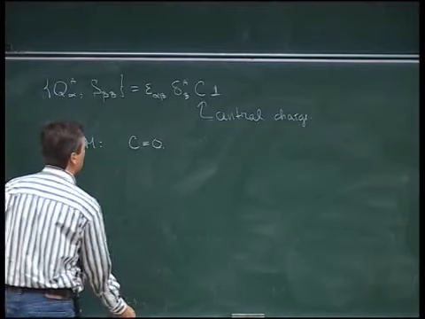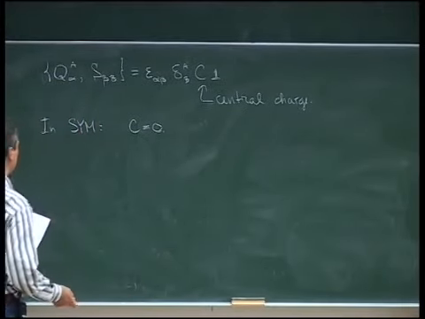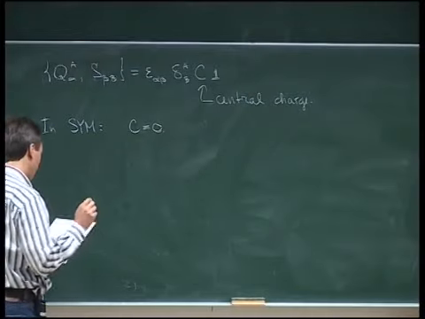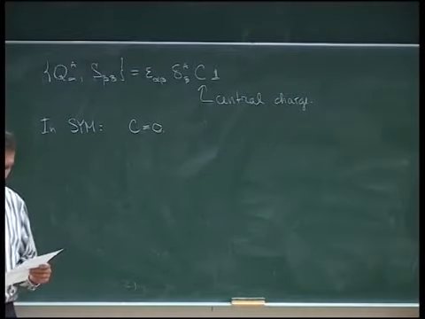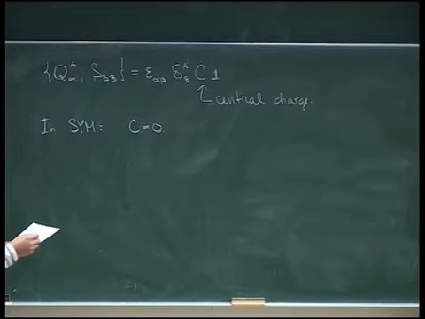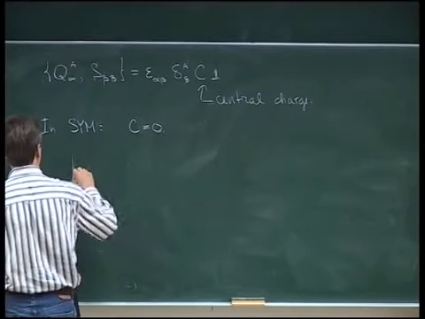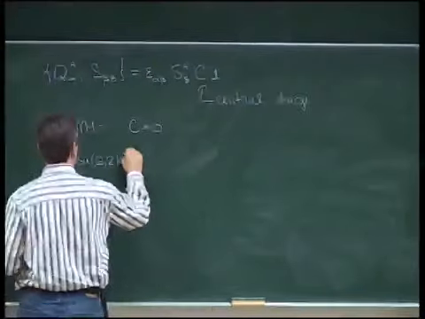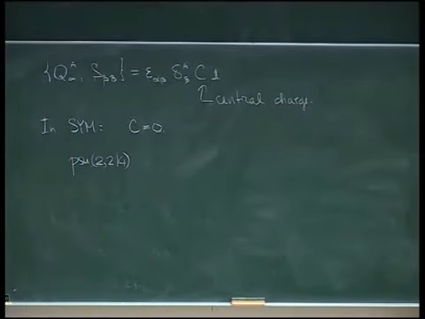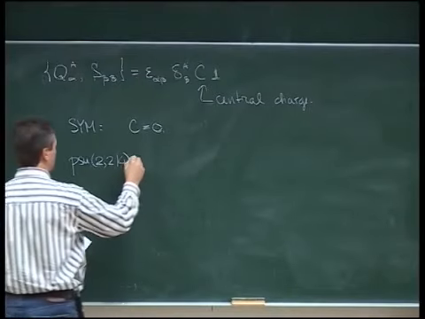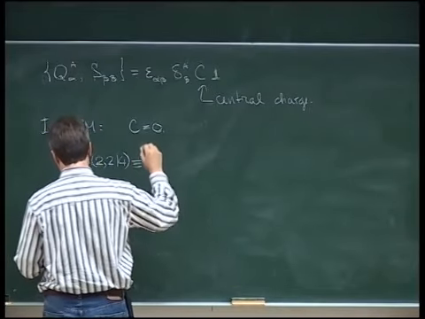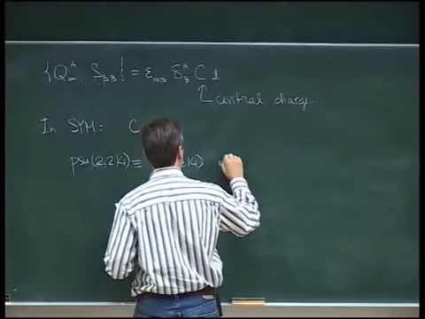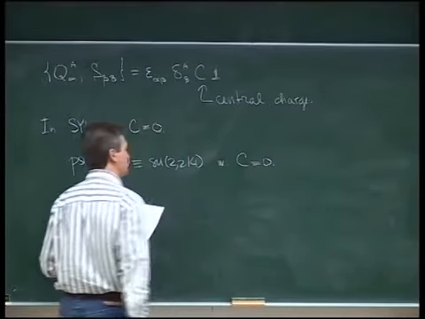So usually people use a special name for the algebra in which the central charge is 0. It is called the projective special unitary superalgebra, which is by definition SU(2,2|4) with central charge set to 0.